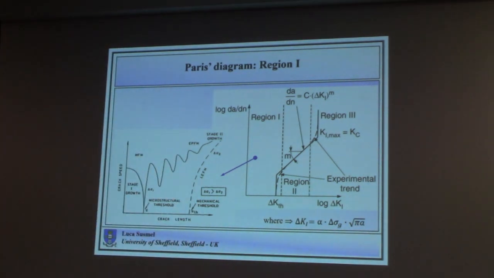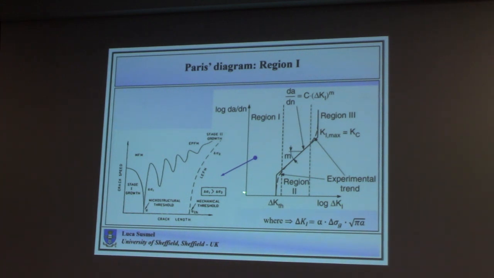This diagram says that in theory, if the delta K you apply is lower than delta K threshold, which is the threshold value of the stress intensity factor range, the crack growth rate is very low. Be careful, this is a log-log diagram, so here it cannot be 0.